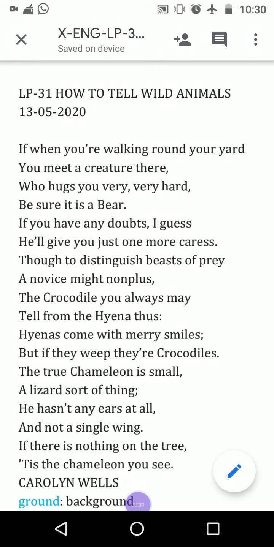So there are basic things that we need to learn from all the poems that are prescribed in our textbook, First Flight. First, a brief introduction about the poet, a brief summary about the poem, and the literary devices used in the poem.